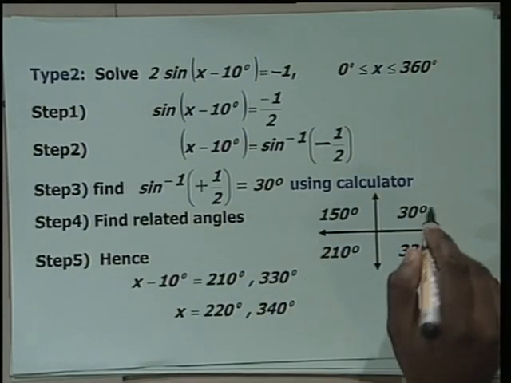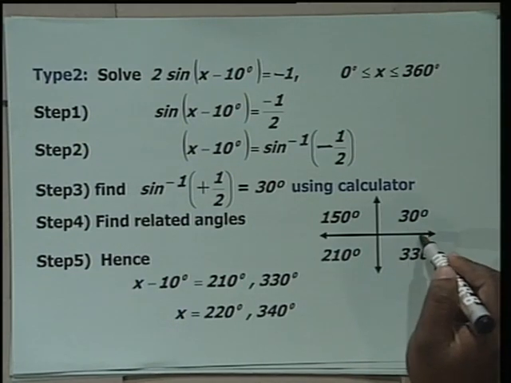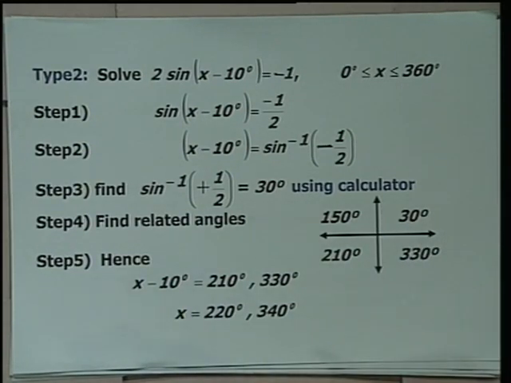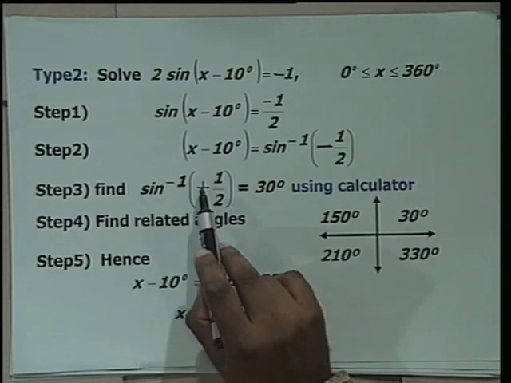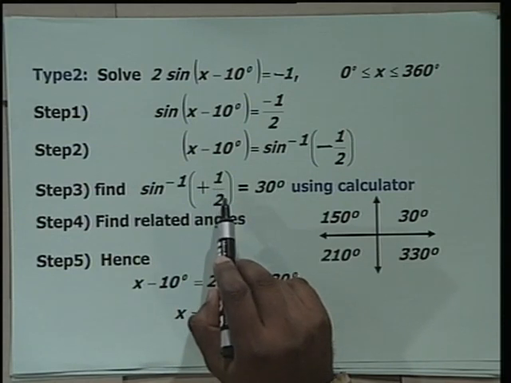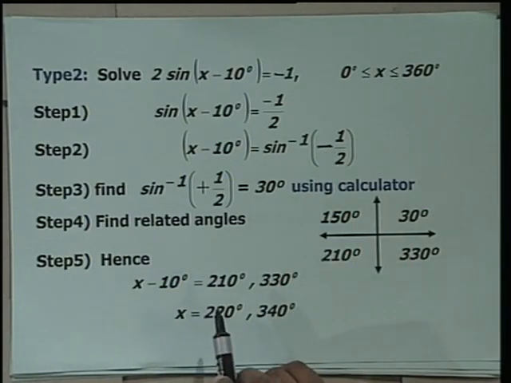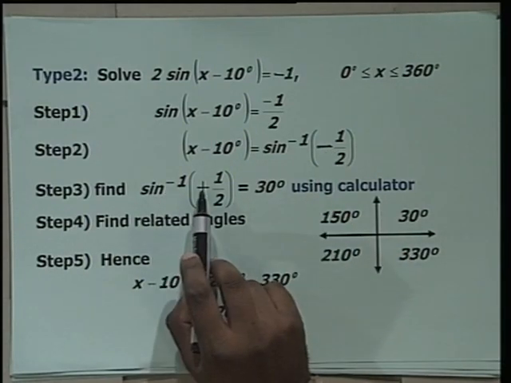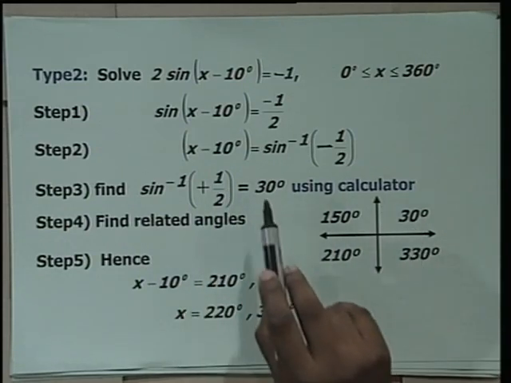But in order to use the relation chart, we want a positive angle in the first quadrant. So, you will use your calculator to find sine inverse plus half, although we had to find sine inverse minus half. The answer is 30 degrees.